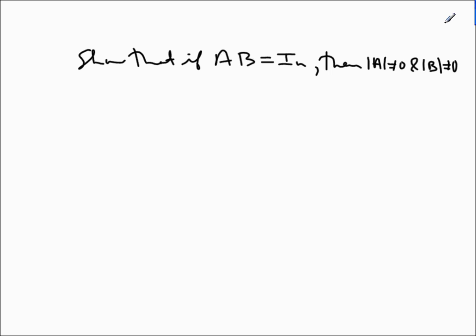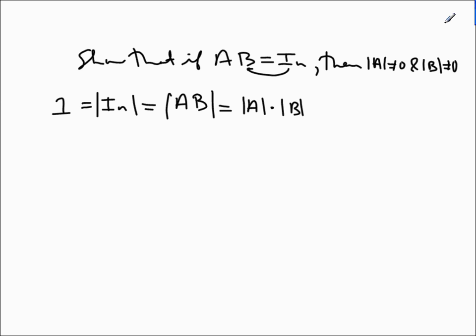The determinant of I_n is 1. But I_n, they told me, is AB. They said it. I_n and AB are the same. So they have the same determinant. And the determinant of AB is the determinant of A times the determinant of B.